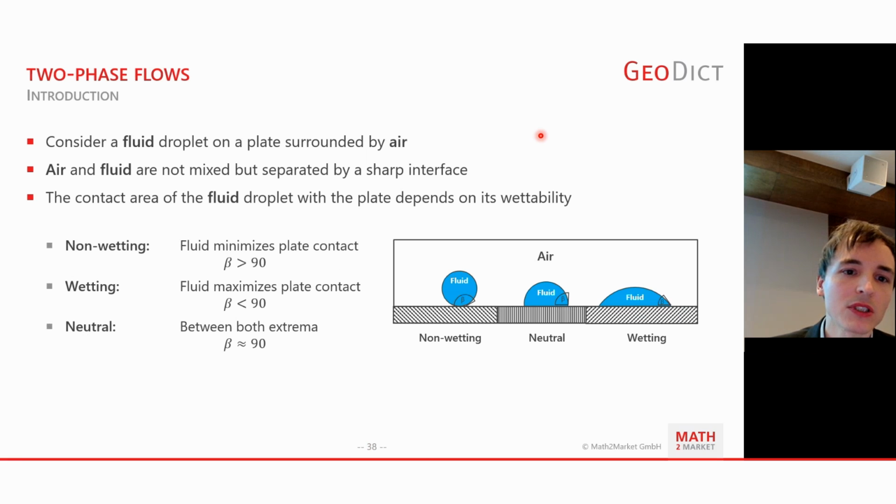But I would like to also highlight the methods we are using for computing two-phase flow. Two-phase flow in general can be subdivided into non-wetting regimes, wetting regimes, and neutral regimes. If you consider a fluid that you put on some kind of surface, that could be either non-wetting, neutral, or wetting. Wetting is usually the case if you put something like water on a table.